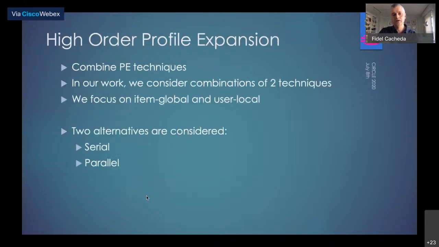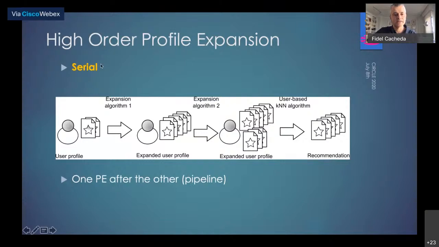So what about high order profile expansion? The idea here is that we will take this profile expansion technique and we will combine them. So on this work, we only consider two techniques to see how they work and which alternatives are better. And we will focus on the two better ones, item global and user local. And we will combine them in serial or parallel. So in serial, we're basically doing a pipeline.